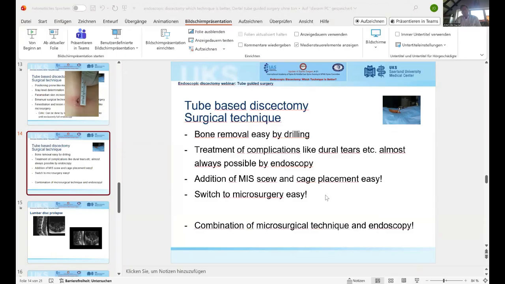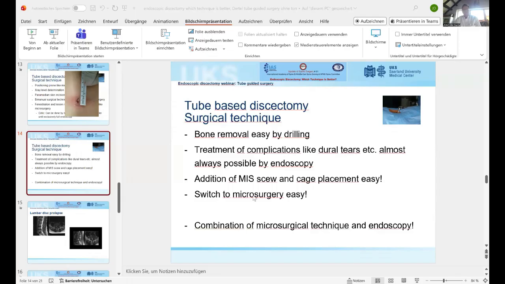We have some discectomies, but the most frequent indication now in our aging population is spinal canal stenosis in the elderly patient. So bone removal is always an issue, and it's much easier, in my opinion, with a tube-based discectomy than with a full endoscopic system. Treatment of complications like dural tears, etc., is almost always possible without switching to a microsurgical opening.